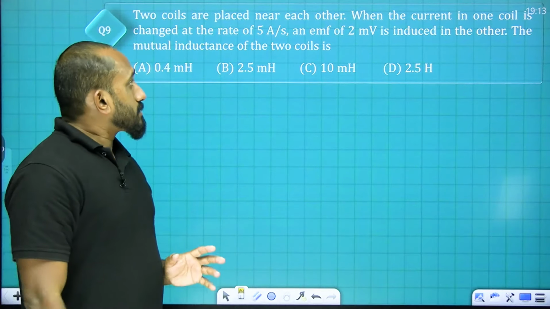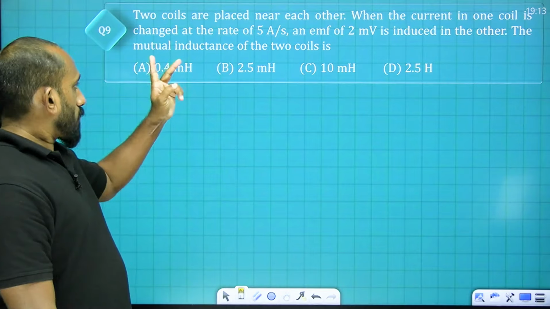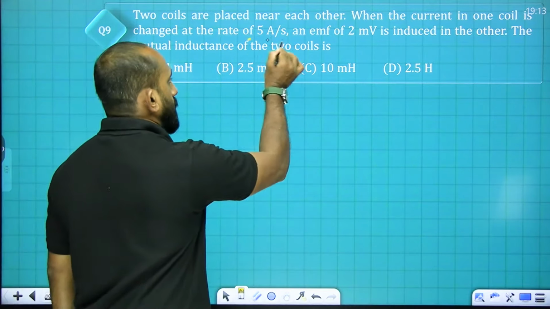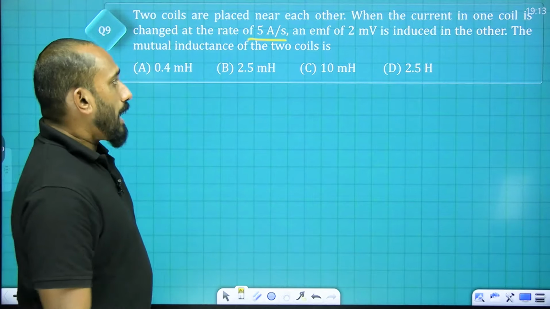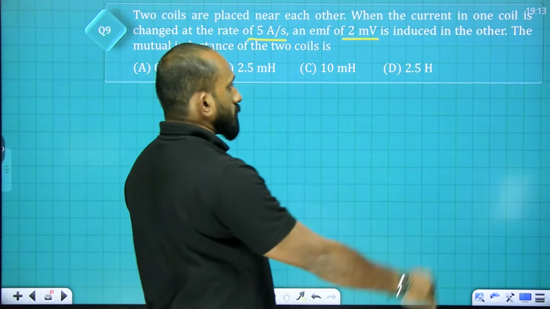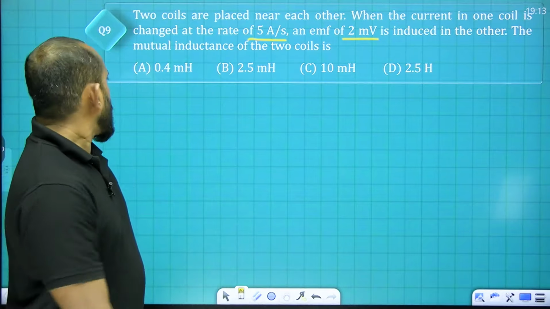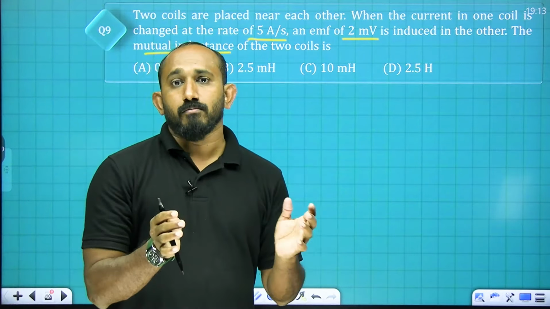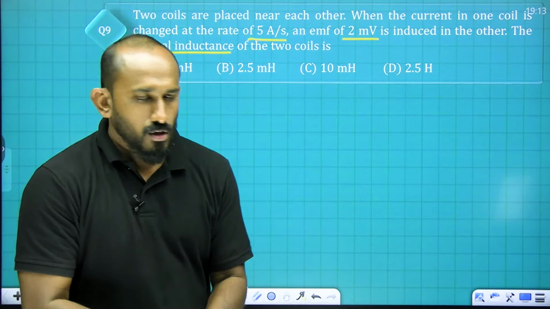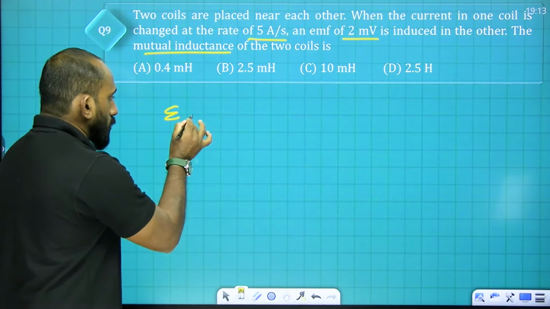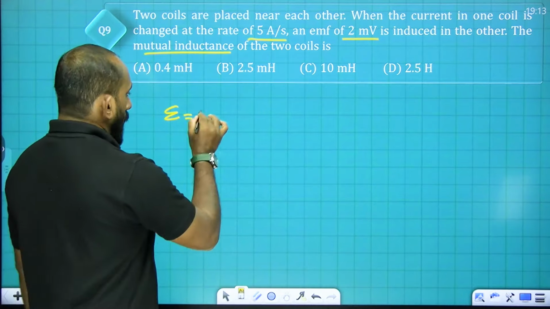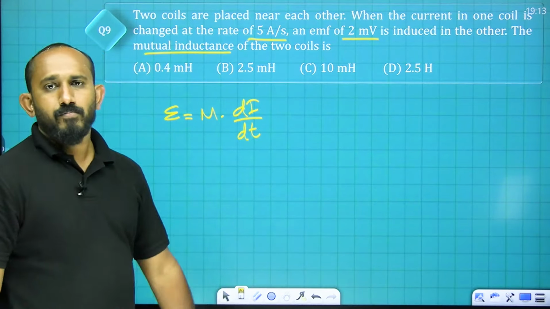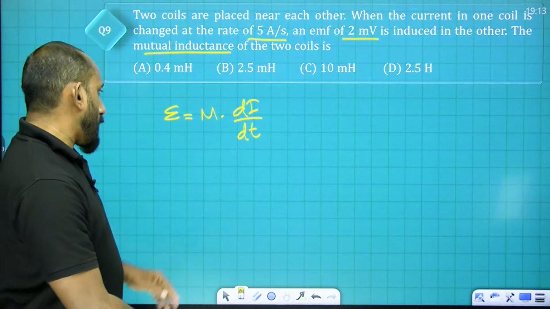Two coils are placed near each other. When the current in one coil is changed at the rate of 5 ampere per second, an EMF of 2 millivolt is induced in the other. The mutual inductance of the two coils is. So, again the concept of mutual inductance you have to use. The EMF induced due to mutual induction is E is equal to M into di by dt. So, here M you have to find out.